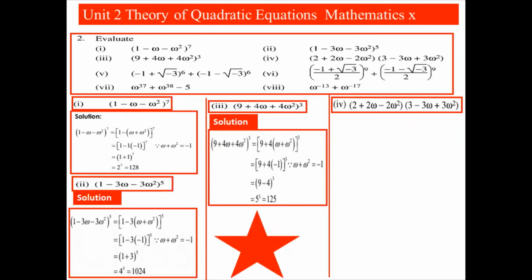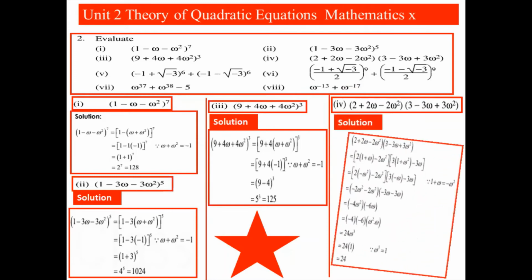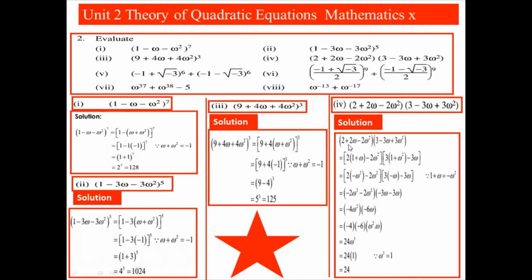Now from here, in the first expression we can take 2 as common. So we have 2 into (1 plus omega), and from the other expression we can take 3 common. So from this 3 and from this 3, this is 3 omega square. So when we take the 3 common, we have 1 plus omega square, and this is minus 3 omega.